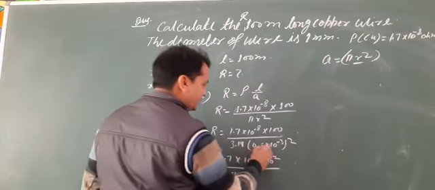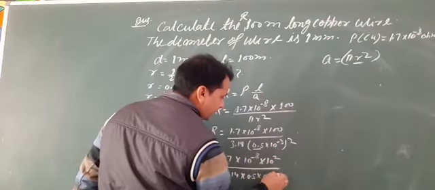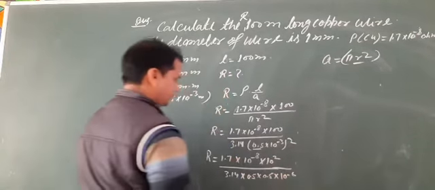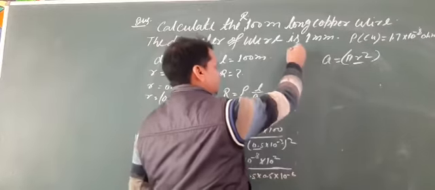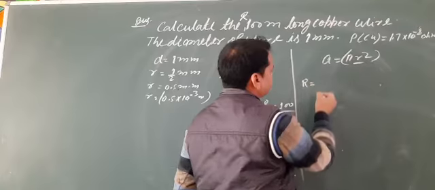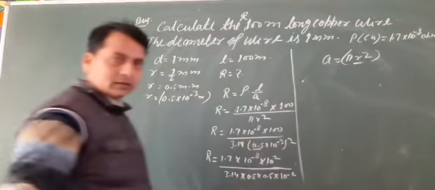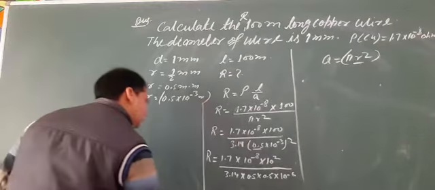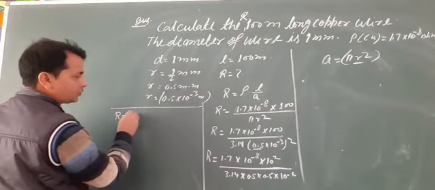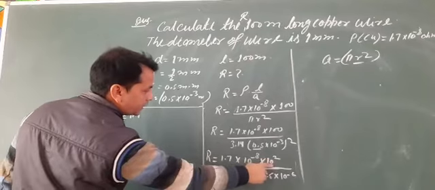Then we can multiply 0.5 into 0.5 and 10 to power minus 6. Then R equal to 1.7 into 10 to power minus 8 into 10 to power 2.